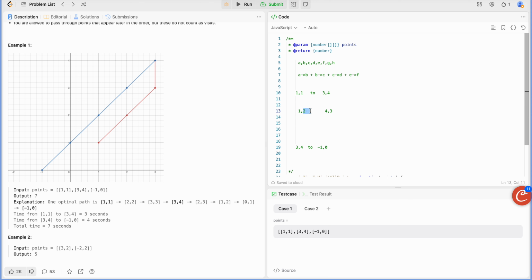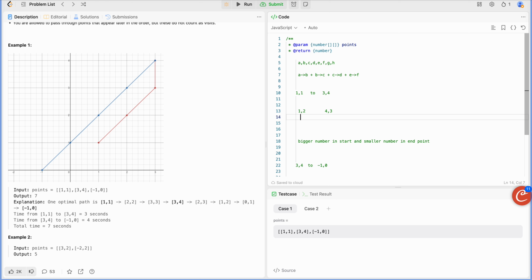Oh, actually I should take the bigger number in the beginning and the smaller number at the end, right? So 2 plus 1 is 3. So bigger number at the start and smaller number at the end point.